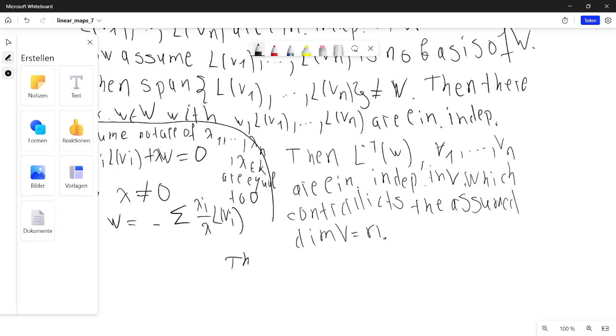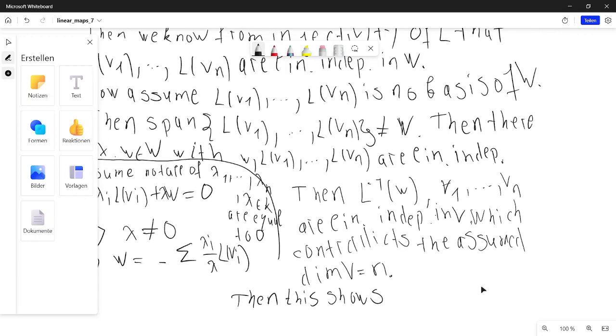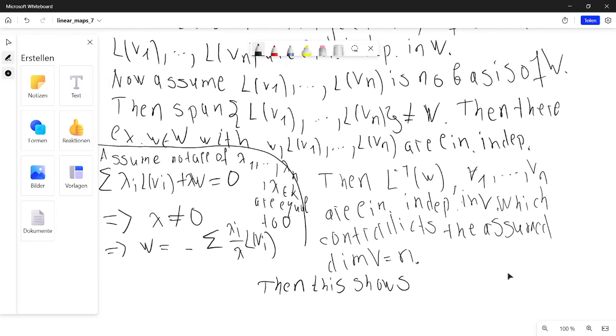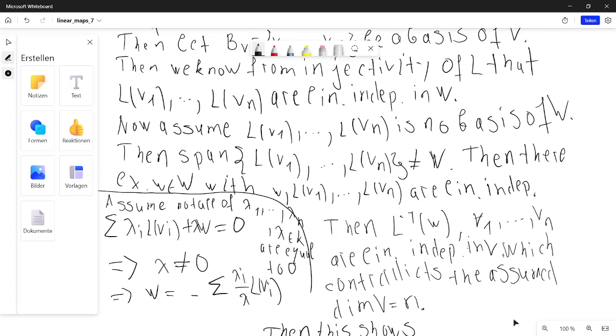Then this shows, okay, if we got a contradiction, then our assumption was wrong. And what assumption was that? Oh, that it is no basis.